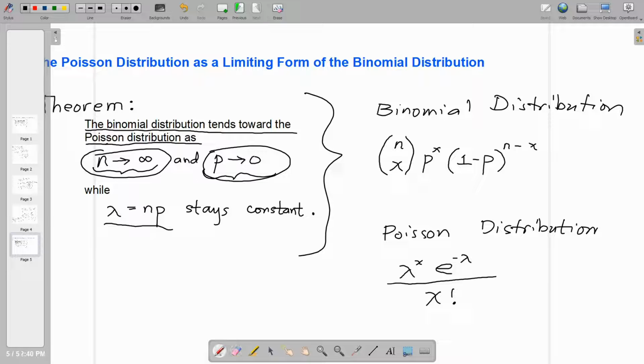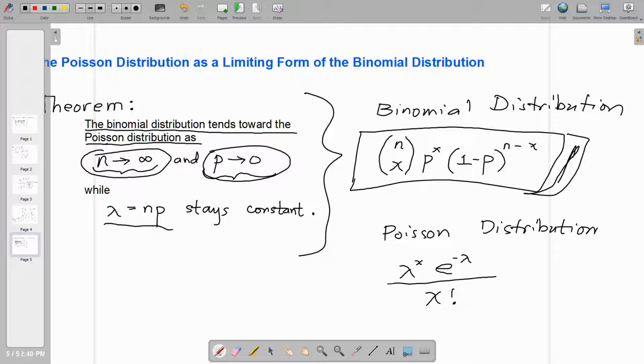Okay? So what will happen if we calculate the limit of the probability mass function for the binomial distribution, or a binomial random variable, as n approaches infinity?